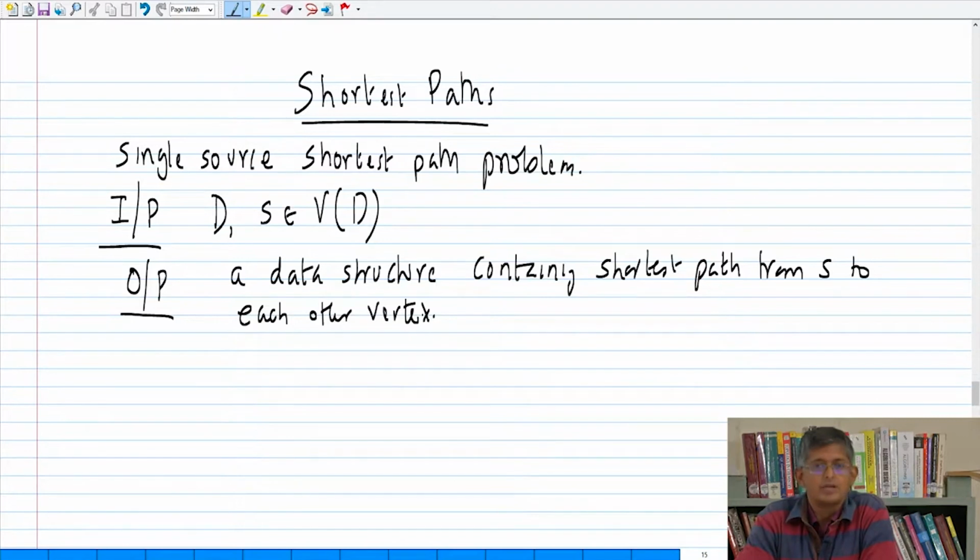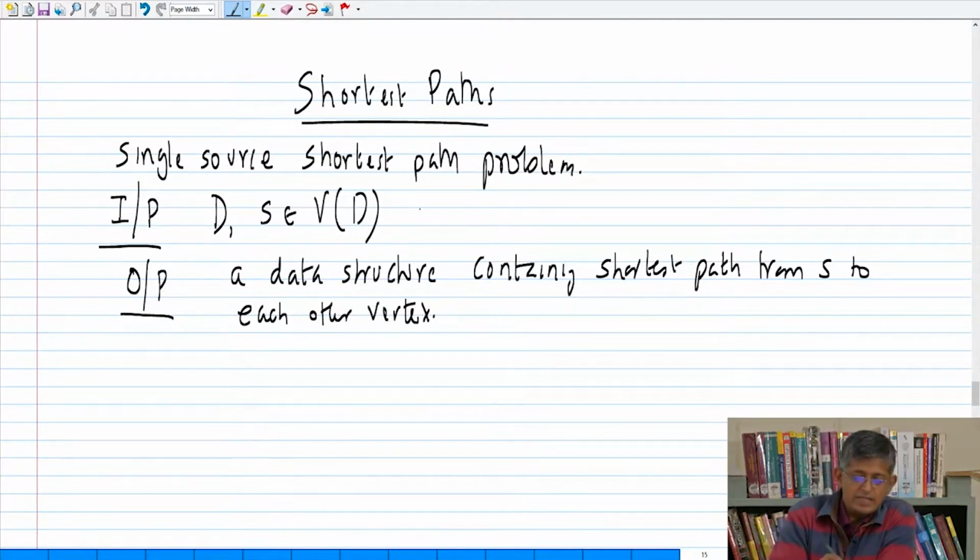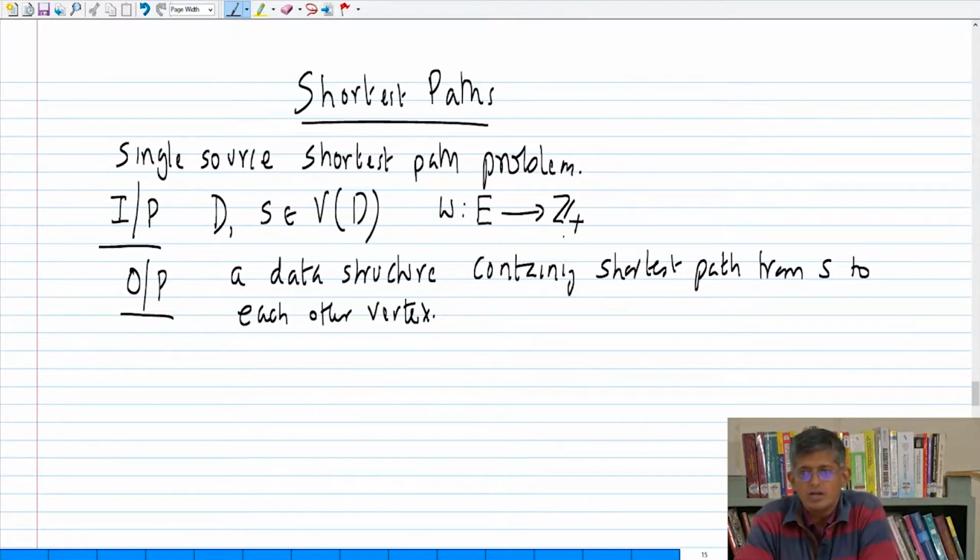Fine. All right. So let's do the easiest one first. Right? Okay. By the way, the edge also has a weight function W from E to, and in this case I am going to focus only on edge weights as positive integers. Fine. Okay.